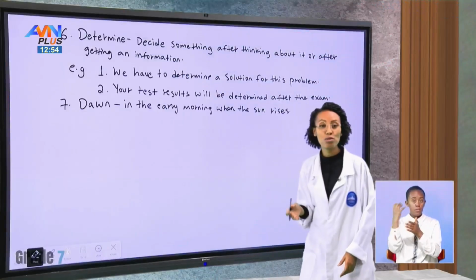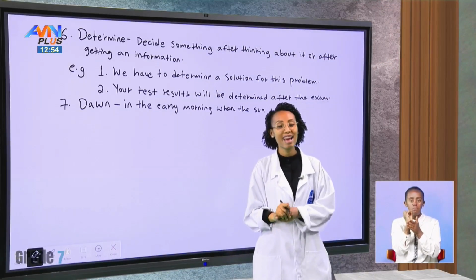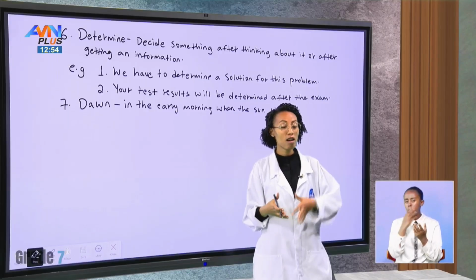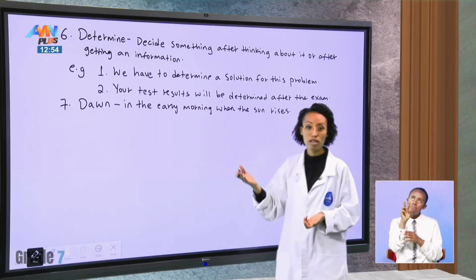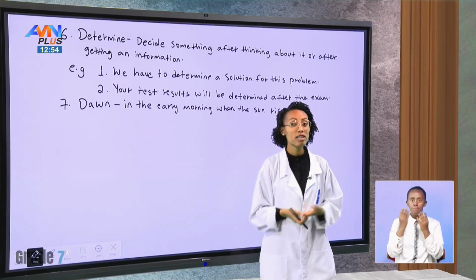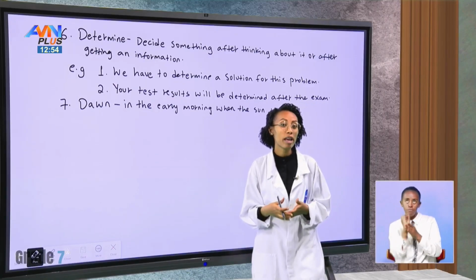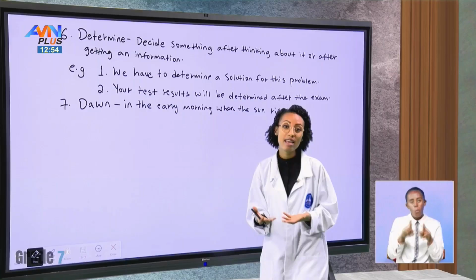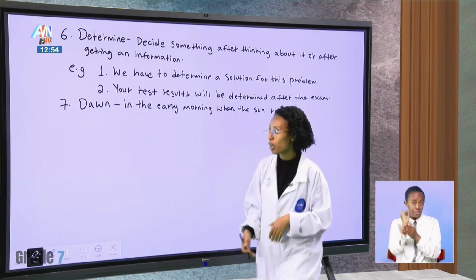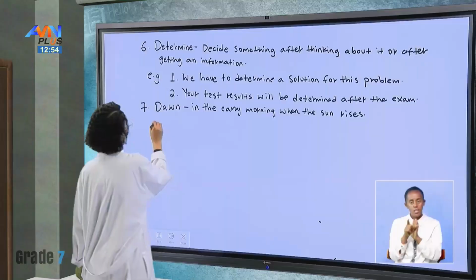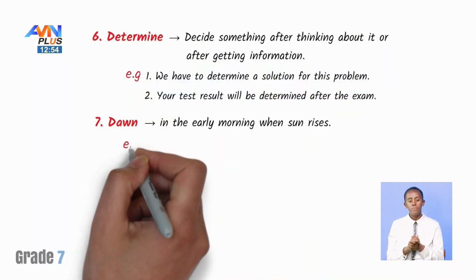So these two times in a day have a beautiful effect on the sky. Some people like watching the dawn, while other people like watching the dusk. So some people like watching when the sun is setting, and some people like watching when the sun is rising. Example.